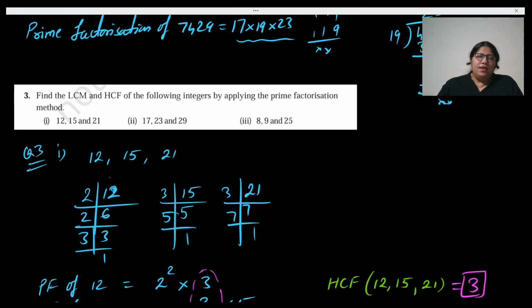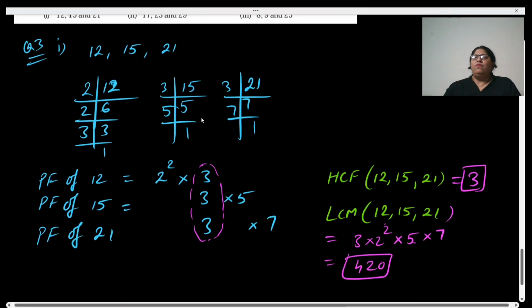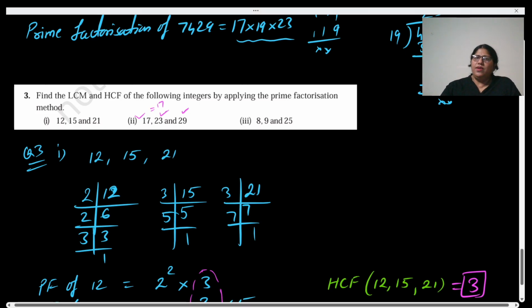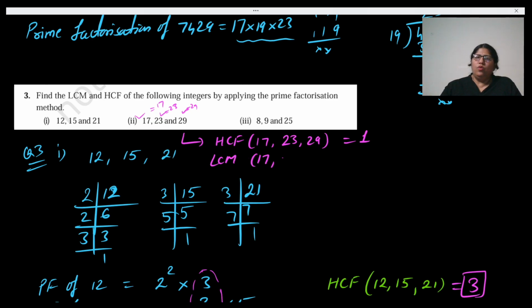Now what do we do in the second part? If you see, 17, 23, 29, all three of them are prime numbers. So you know that the prime factorization of 17 is 17, then 23 and 29. So what is going to be the HCF here? There is no common factor other than 1, so the HCF will be 1. Similarly for the LCM, because all these are co-primes.